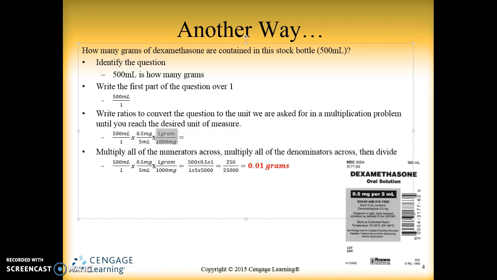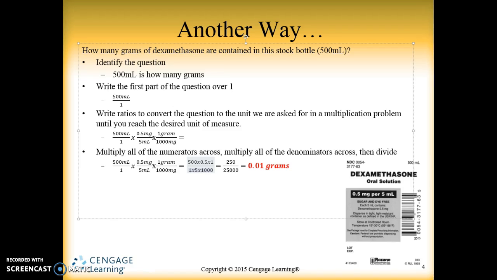So I rewrote the problem in the last step there, and what we're going to do is we're going to multiply all of the numerators across. We're going to multiply all of the denominators across, and then we're going to just do our division. So 500 times 0.5 times 1 goes on top, and on the bottom we have 1 times 5 times 1,000. When I do that, oh, I caught myself. I see I made a mistake. Let me correct that.